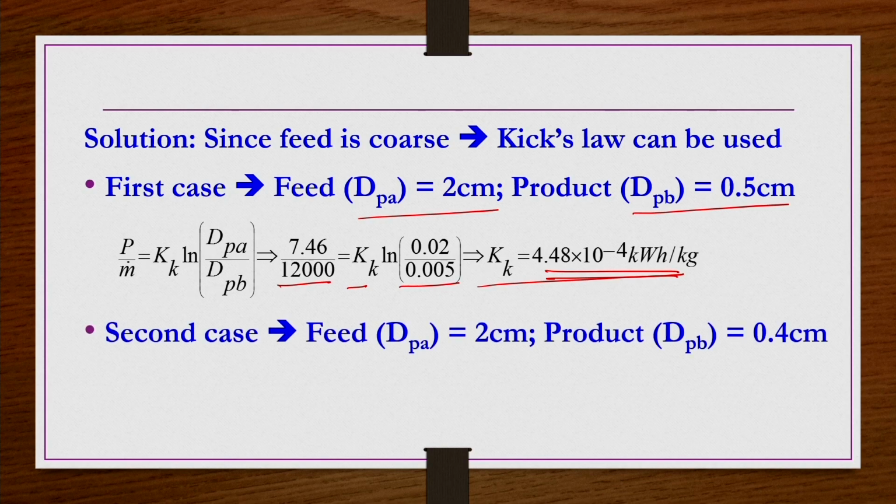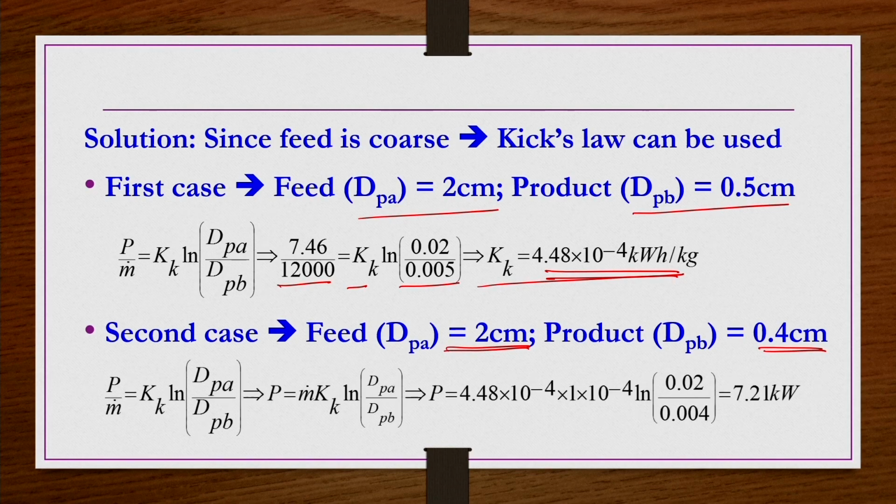Now, in the second case, the feed remains the same, 2 centimeters median equivalent size, but the product is 0.4 centimeters. The product is slightly finer, and the capacity is decreased to 1 into 10 power 4 kg per hour. Then we apply the same law: P by m dot is equal to Kk ln dPa by dPb.